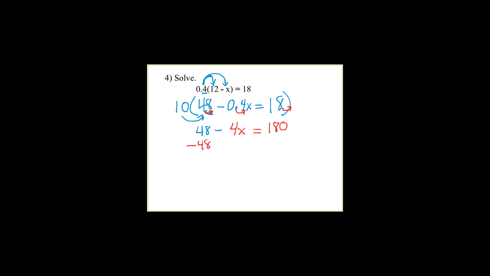Subtract 48, subtract 48. Left with negative 4x equals 2. Divide by negative 4.